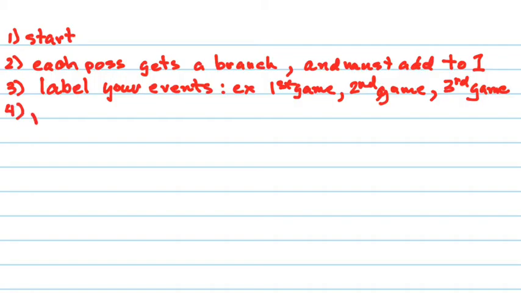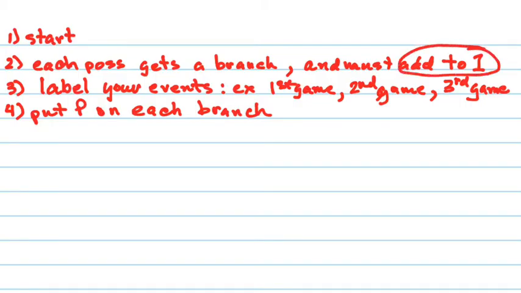Step 4. Put the probabilities on each branch. Put in the numbers. Okay? Now, when you're putting in those numbers, make sure you remember that they have to all add to 1. Keep that in mind as you go.